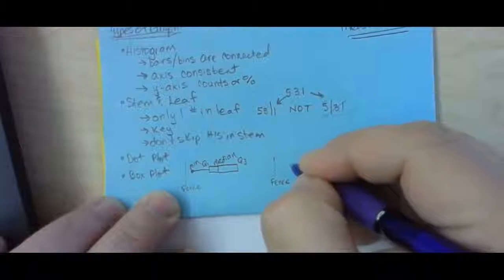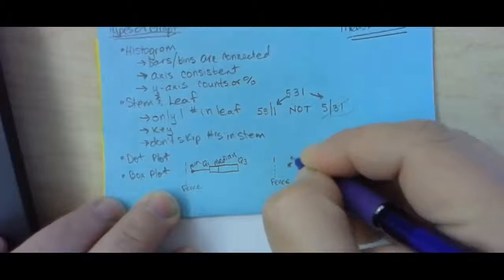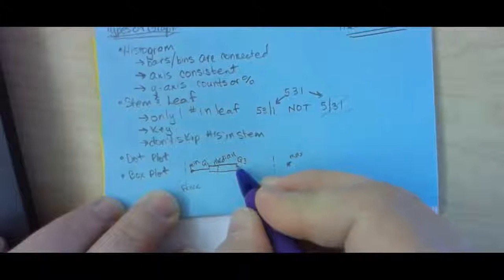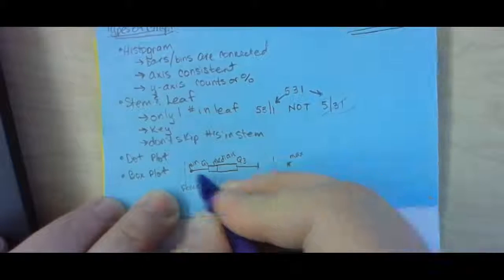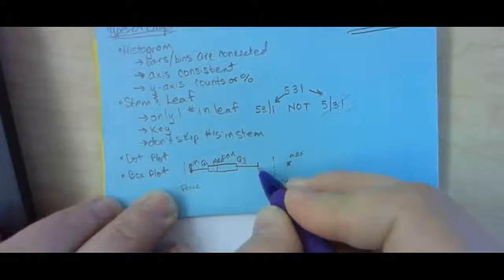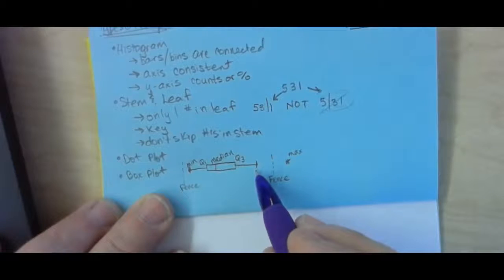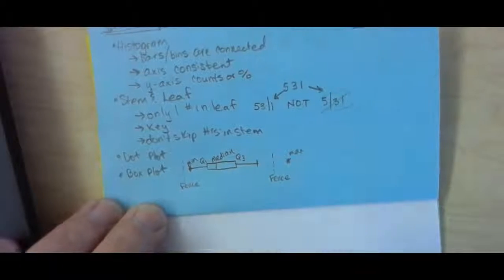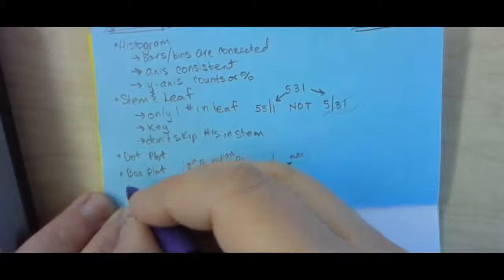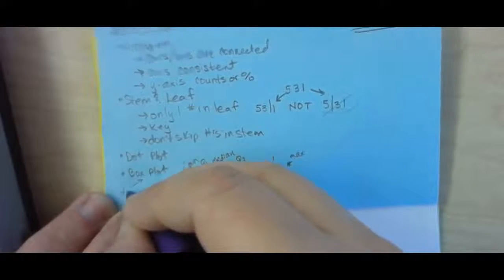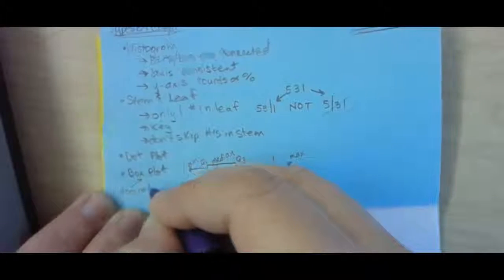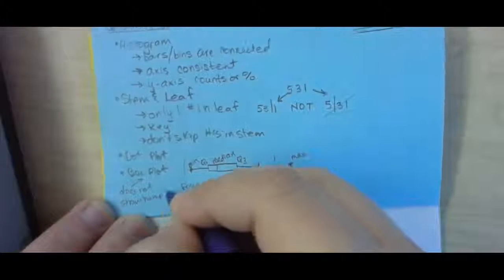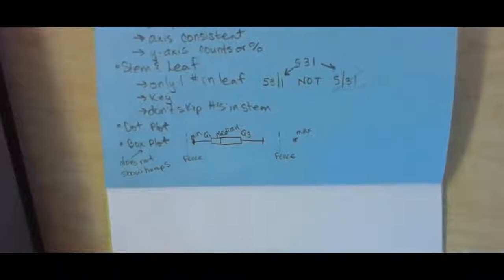But if my max or if something else is outside the fence, then you draw this whisker until the next point, the data piece that's right before the max. Remember, the bad thing about a box plot is it does not show humps. So if you're looking to see if it's unimodal, bimodal, multimodal, you have to look at the histogram.